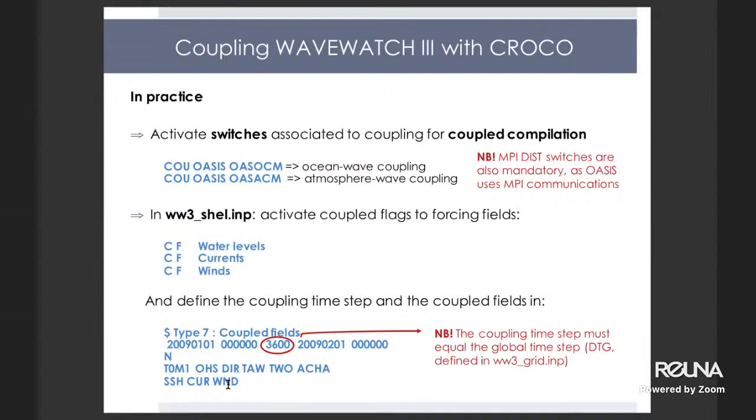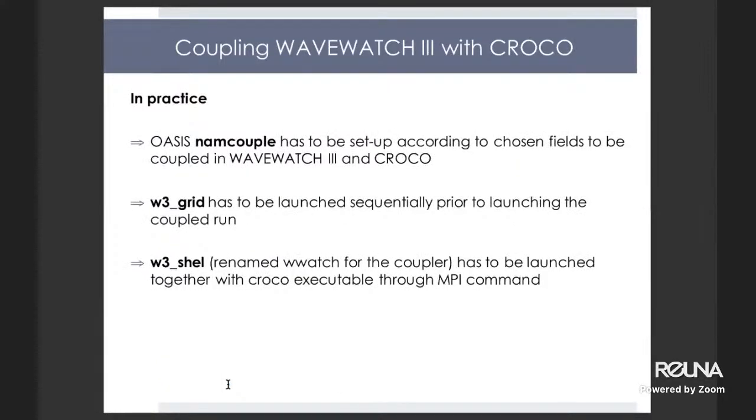You can find the detail about these keywords in the code or in the shell.inp file commentary. Also, remember that you have, of course, to set up the namcouple file for OASIS according to the chosen fields you want to couple in WAVEWATCH and CROCO.